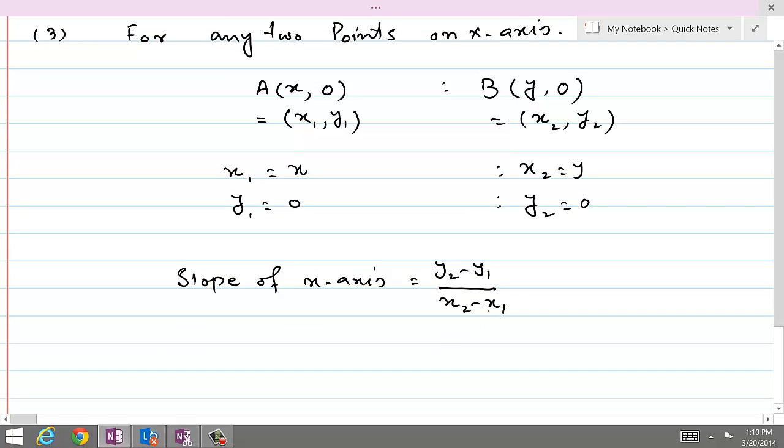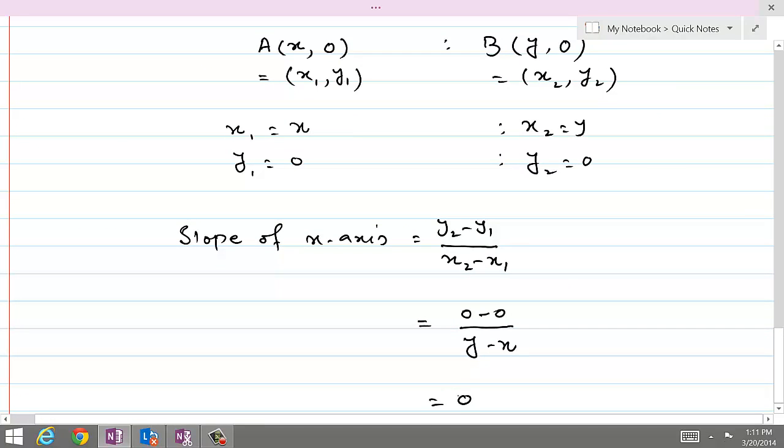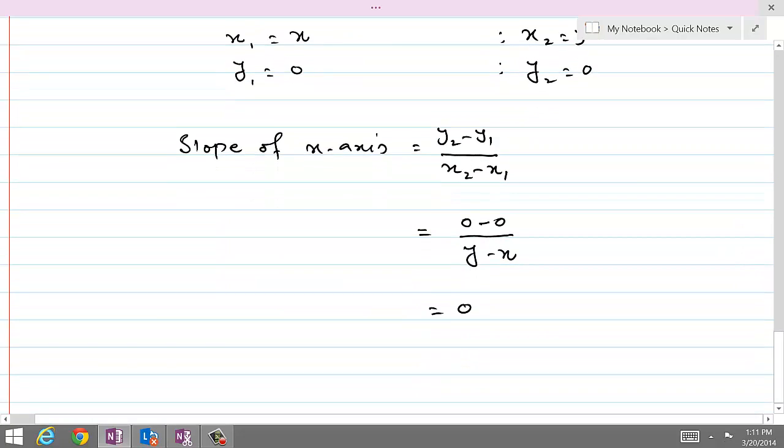Because y2 and y1 are both 0, this is 0 minus 0 divided by y minus x. So the answer is always going to be 0, which means that the slope of the x-axis is equal to 0. And for any line which is horizontal or parallel to the x-axis, the slope will always be equal to 0.